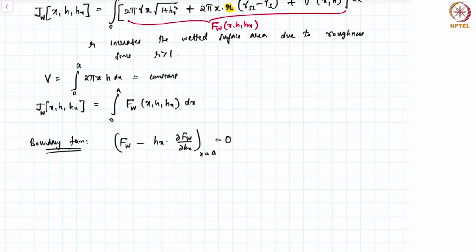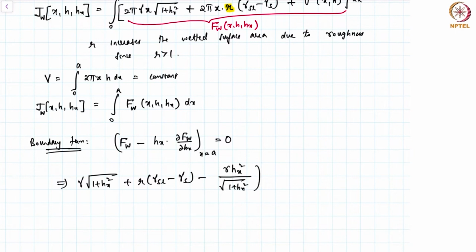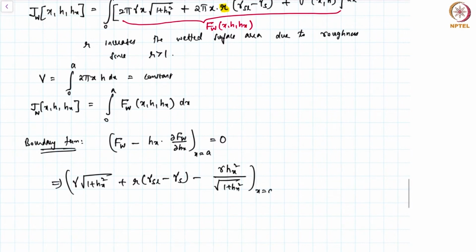If we apply this, the only difference is this extra r term that we have to carry forward. I have 1 plus hx square. Now I have r times gamma sl minus gamma s, minus gamma hx square by square root of 1 plus hx square evaluated at x equal to a.